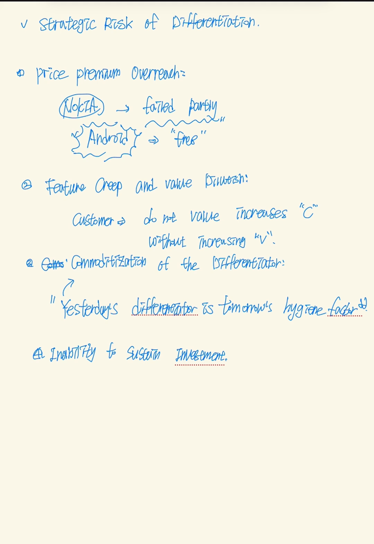And the last one is that imitation by well-resourced rivals. So if a differentiating feature generates high returns, large competitors will eventually replicate or acquire the capability.